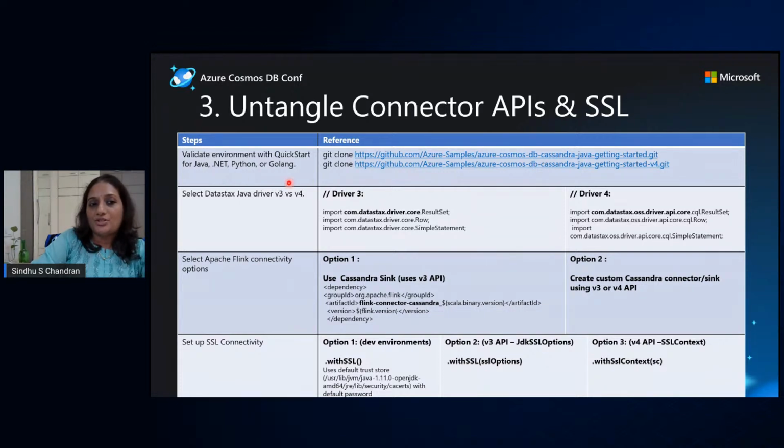You could use the Java, .NET, Python, or Golang packages. And in my story, K2 or Kirana Cube decides to go with Java v3. This is the one that you download, and you can try to connect using this sample application to confirm everything is good on your Azure environment. So that is the first step.